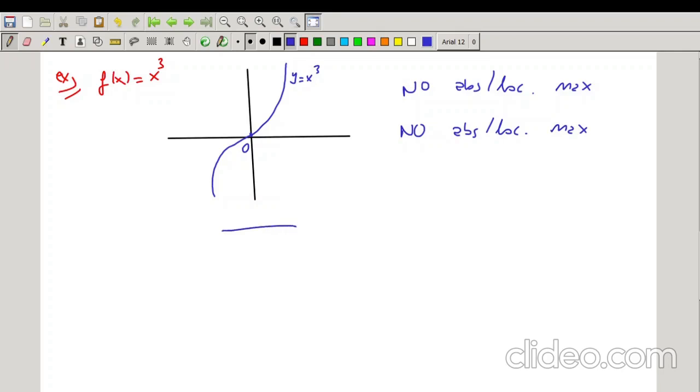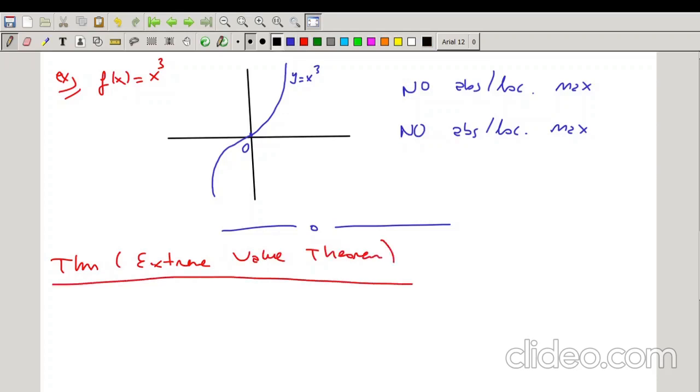Okay, so let me write the following. Extreme value theorem. This theorem is important. Let us state the theorem. If f is continuous on a closed and finite interval.